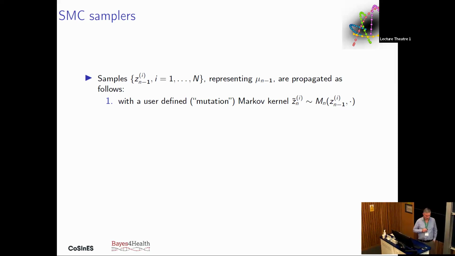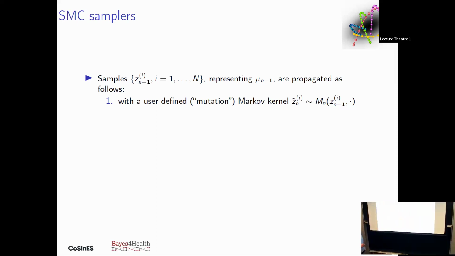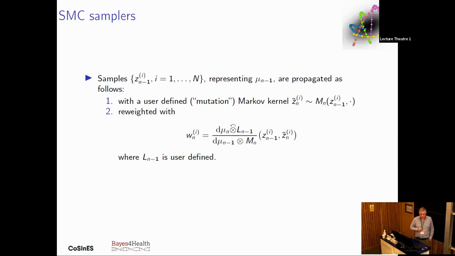With those kernels, you're going to sample mutated particles, which may not be distributed according to the distribution of interest. So in order to compensate, to take into account the fact that you're not necessarily sampling from mu n, when you consider the Z_n tildes, basically you introduce an importance weight.